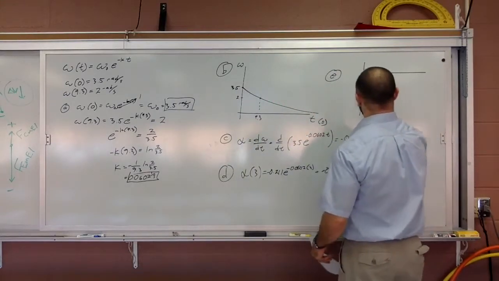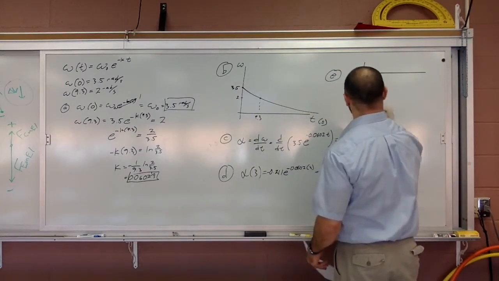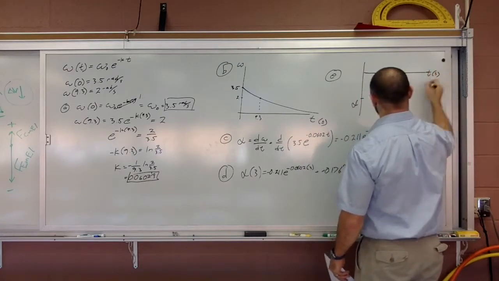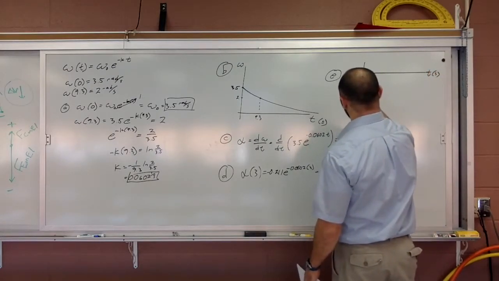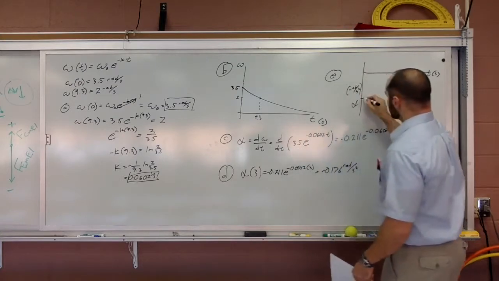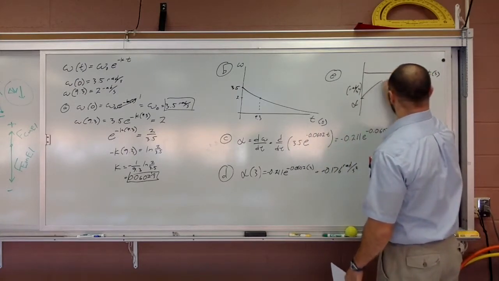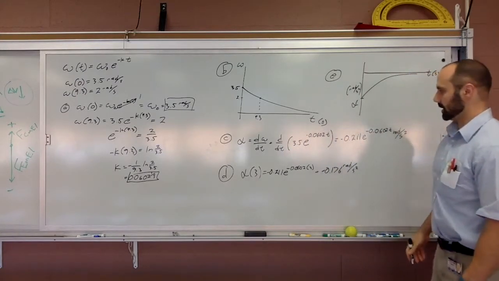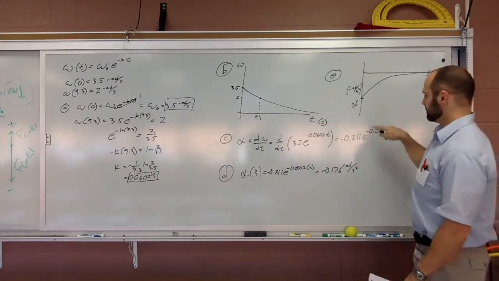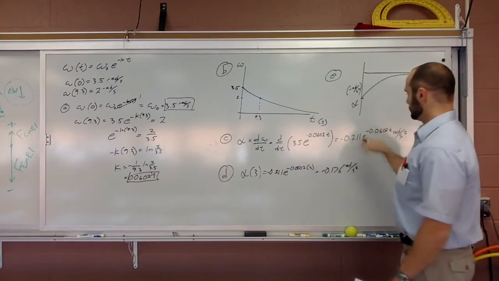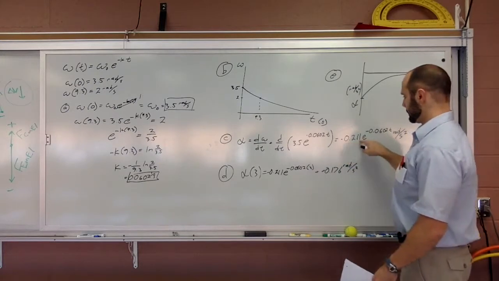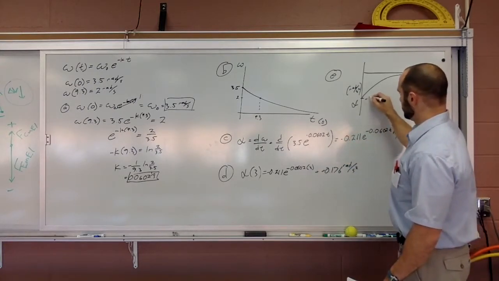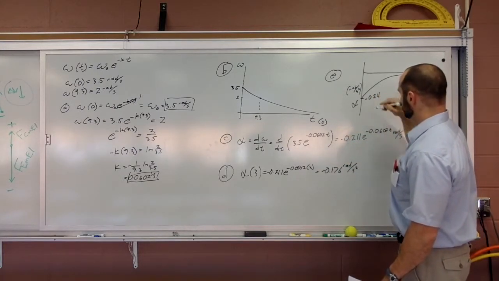And so the E, this graph I'll put here. Since it's negative, we'll go alpha, time in seconds. This is in radians per second squared. This also, because we've seen graphs like this, we know it's going to have that type of value to it. And at time 0, this is the acceleration, so negative 0.211.